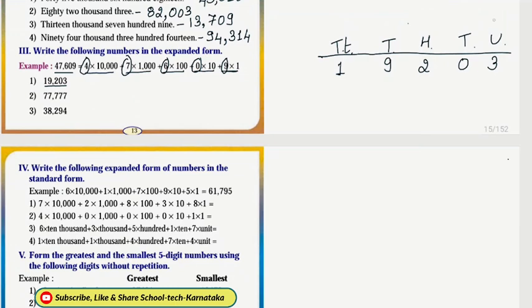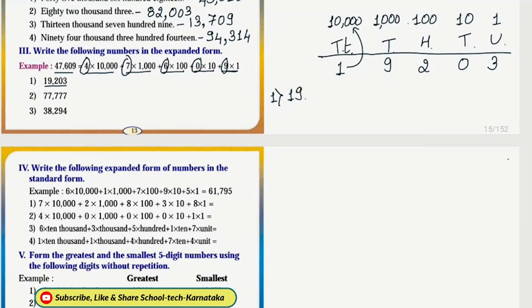And units is always 1, tens is 10, hundreds is 100, thousands is 1000 and 10,000s is 10,000. So when we want to write it in expanded form, we multiply the digit that is at the 10,000s position by 10,000. So first one is 1 in 19.